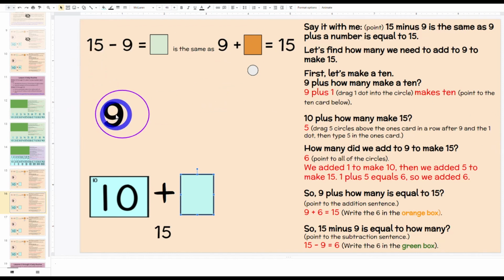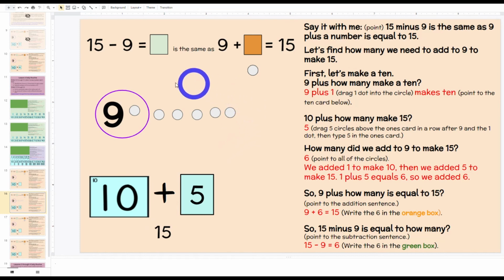Boys and girls, what goes with 9 to make a 10? Class, 1. 10 and how many are going to make 15? Class, 5. Boys and girls, 1, 2, 3, 4, 5. 9 and 1 make a 10. Add 5 more makes 15.